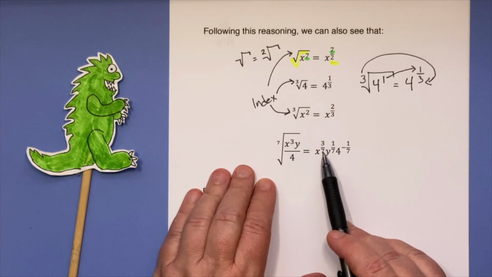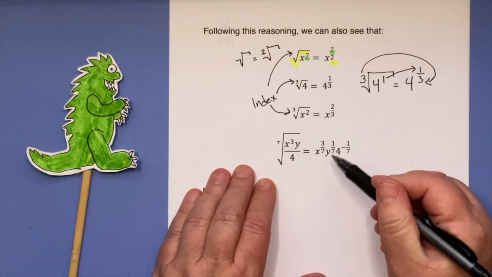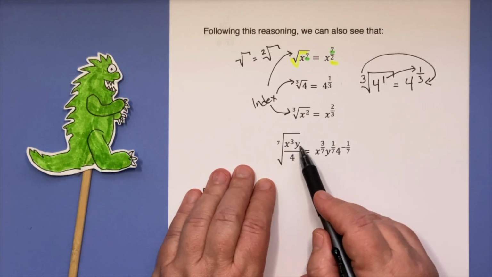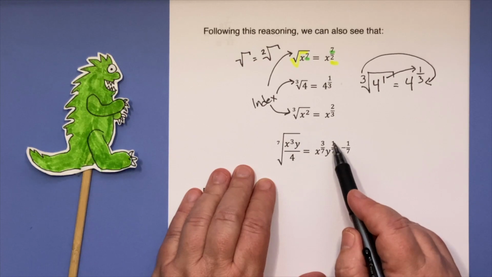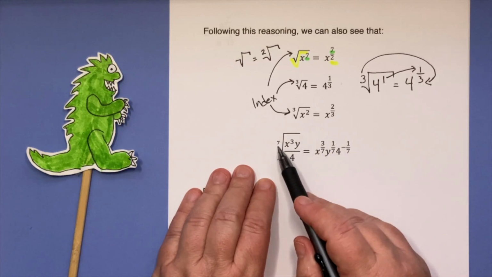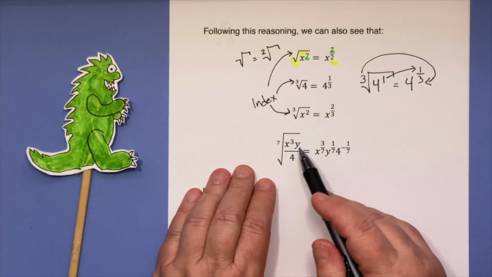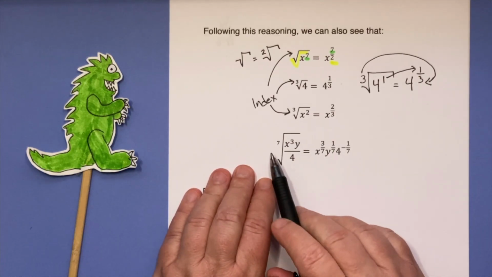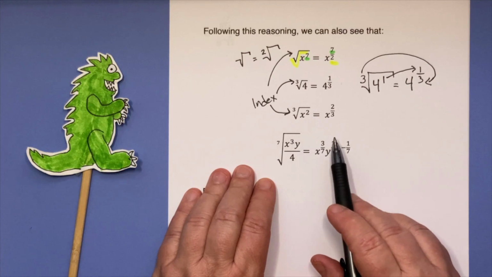So down in the denominator, I see 7. So the exponent for x is 3/7. The exponent for y, since there's just a y by itself, it's y to the 1st. So it's 1. And then again, the index is 7, so that's y to the 1/7.